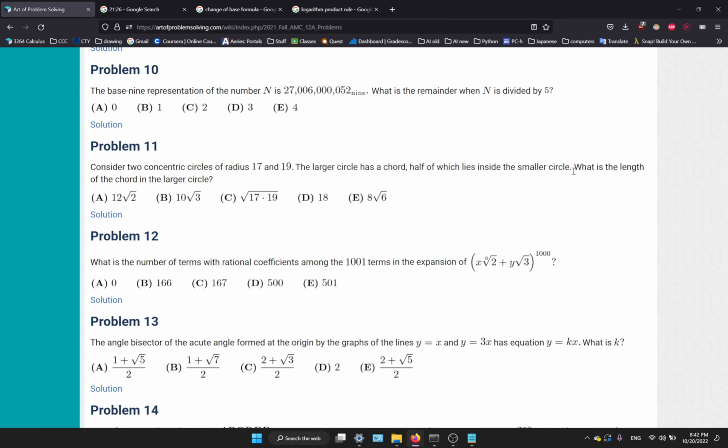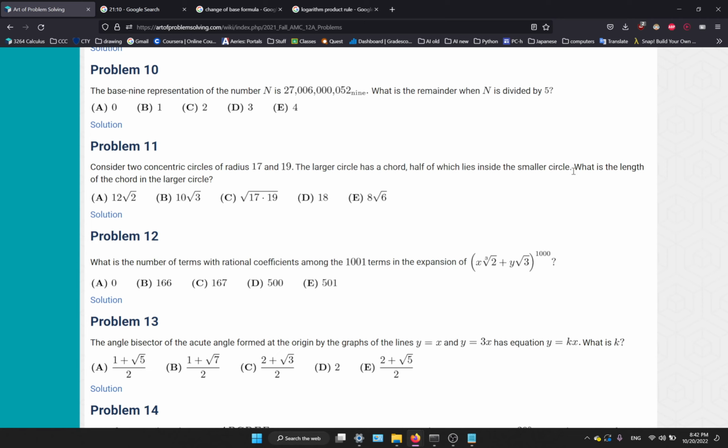Well, we need some angles super bad, and I don't know how to get them. Okay, so that plus that equals 180.